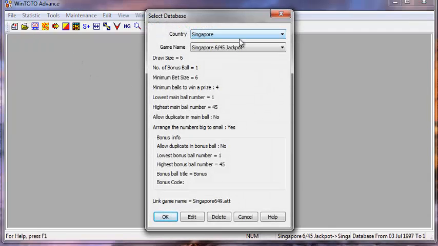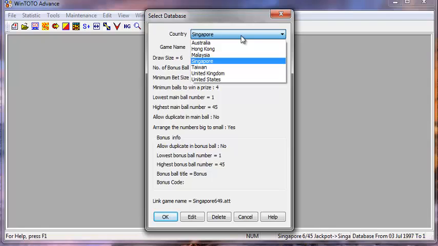Okay, now in the WinToto Advance software, if you click under this thing called the Open Database, you can see that we have for you Australia data, Hong Kong, Malaysia, Singapore, Taiwan, United Kingdom, and United States data.